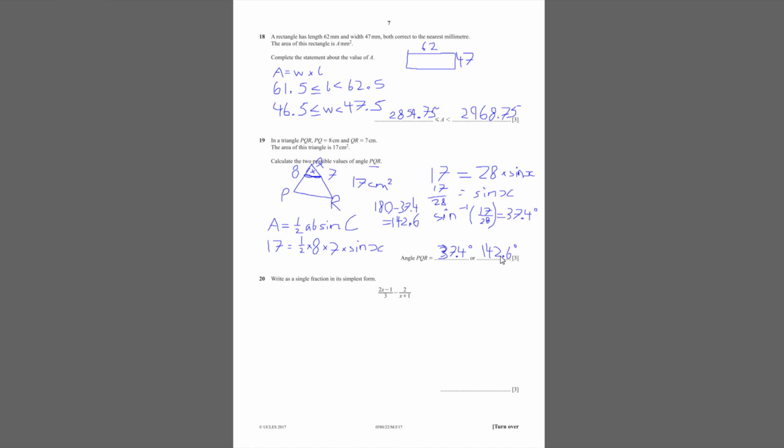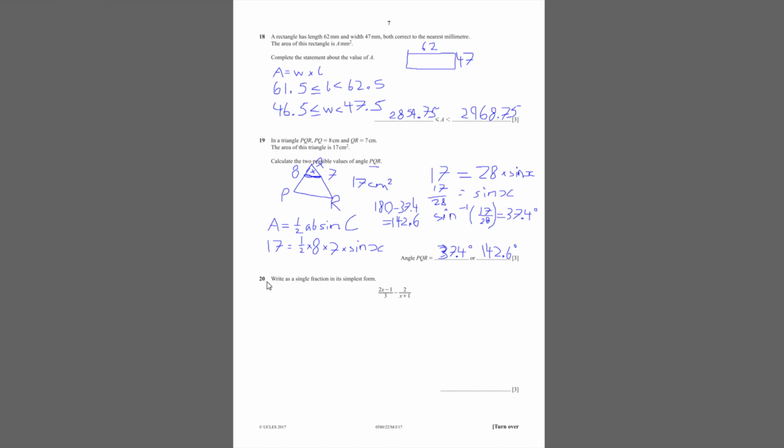And there we go. That's our answer to question 19, or answers rather. So angle PQR can be 37.4 or 142.6 degrees, as we're not given any information as to whether it's an obtuse angle or an acute angle.